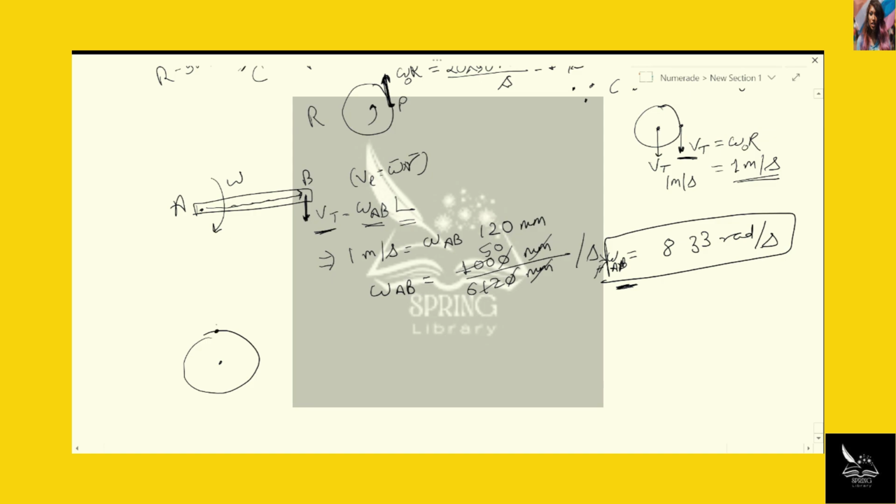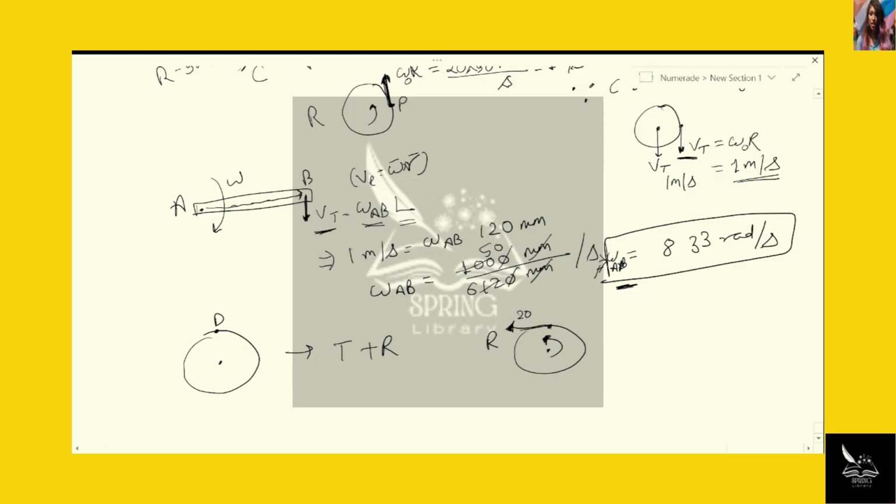So velocity at point D. This is point D. This will be translational plus rotational. The rotational velocity, since omega is anti-clockwise, at this point is going to point like this, omega cross r.